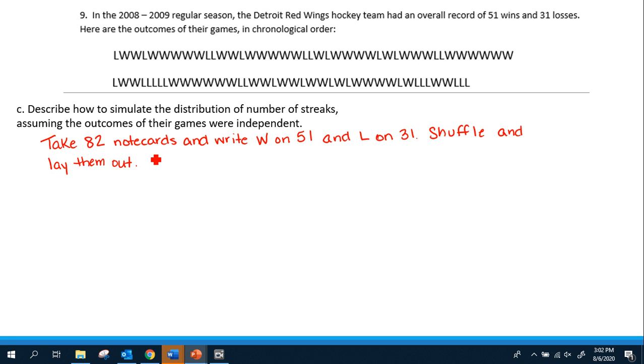Count the number of streaks of 4 or more. Plot on a dot plot and repeat many times.